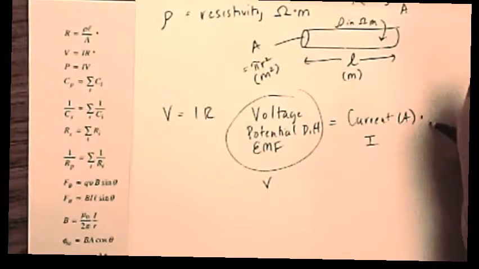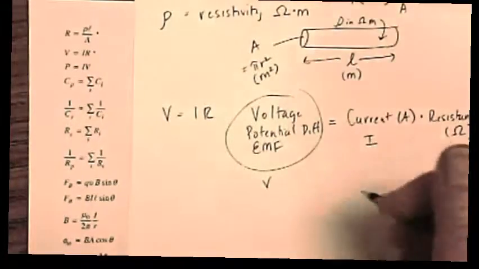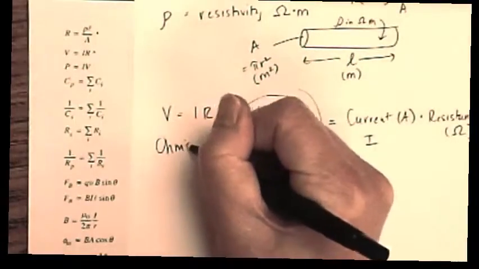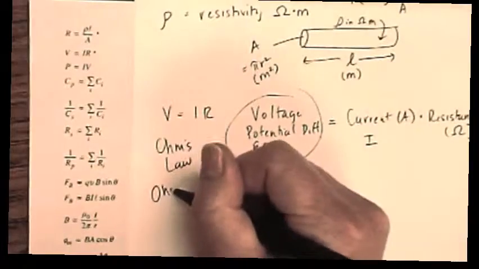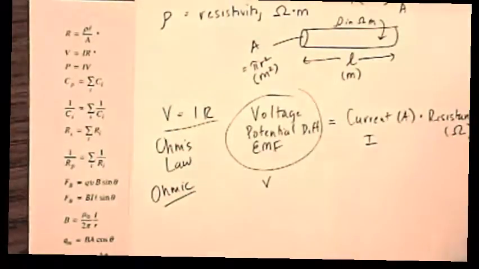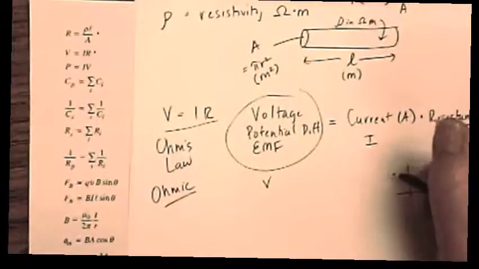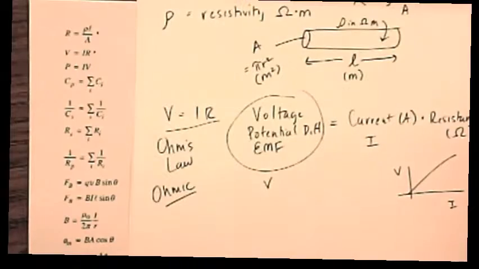And then R is resistance in ohms. Again, this is called Ohm's law. When a substance is ohmic, that means that it follows Ohm's law. In other words, the graph of voltage and current is a straight line.